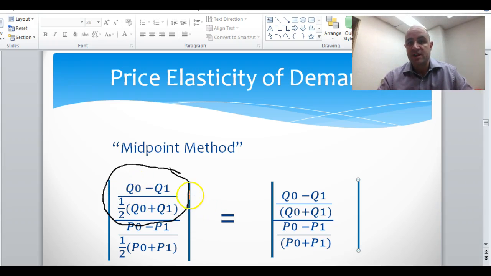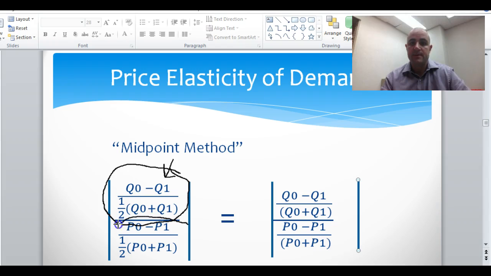So it's the change in quantity over the average of those quantities. Let's say you go from 2 to 1, so quantity goes from 2 to 1. So 2 minus 1 is 1, over the average of 1 and 2. And so 2 plus 1 is 3, times 1/2 is 1.5. So this is your percentage change in quantity.